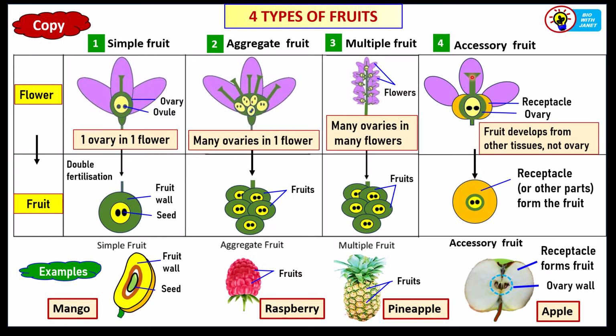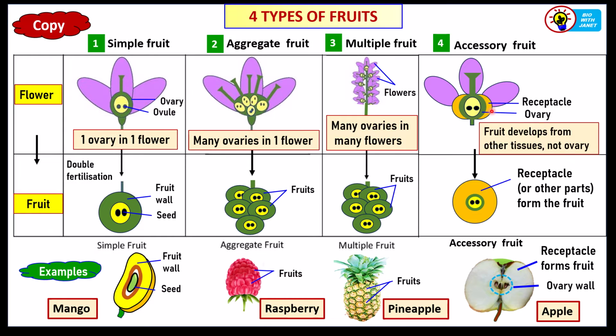It's not on top of the receptacle. You see, for most flowers, the receptacle is below the ovary. This is the ovary. These are all the ovaries, and the receptacle is below the ovary. This is the receptacle. But for certain fruits, the ovary seems to be submerged in the receptacle itself.